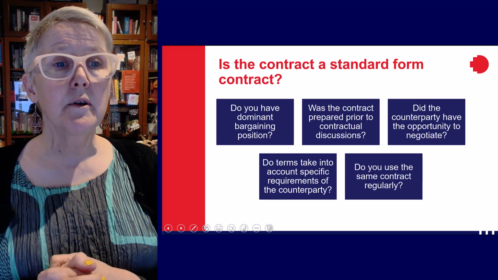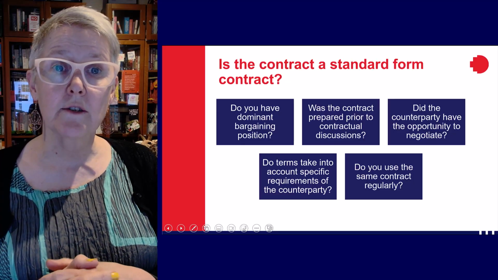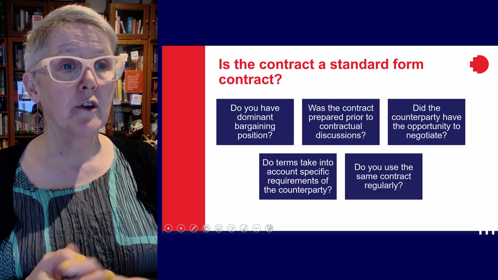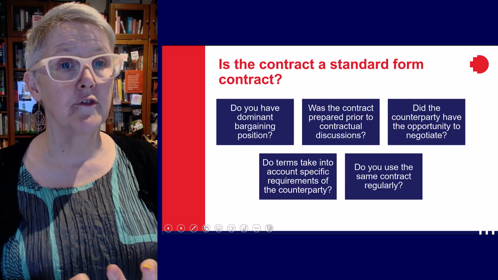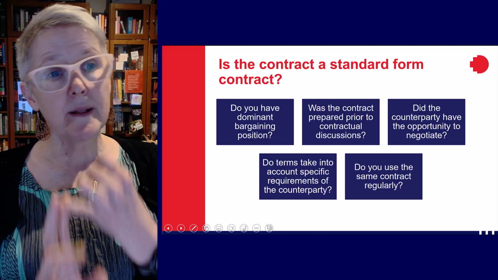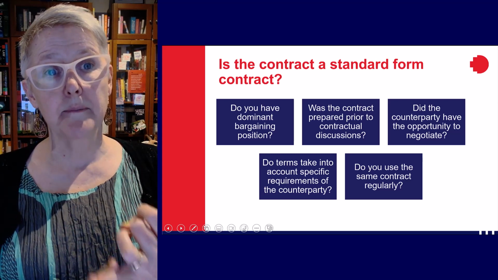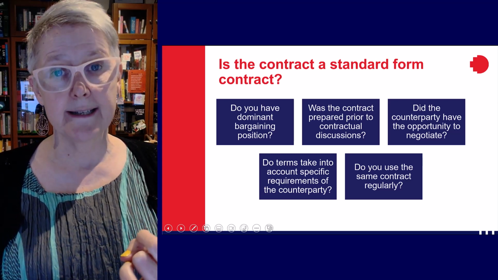So in assessing whether a contract is a standard form contract or not, the courts will have regard to a range of factors, and they include whether the business has a dominant bargaining position in its dealings.